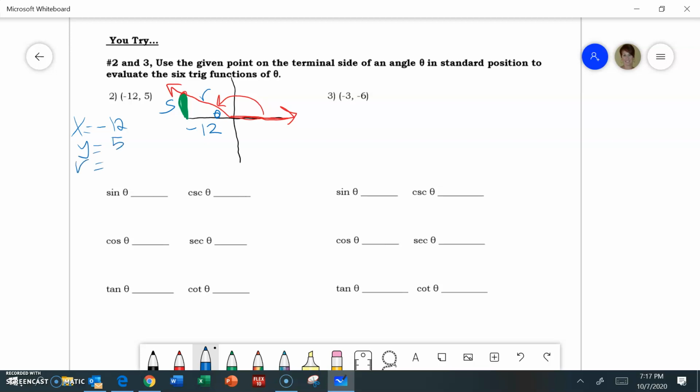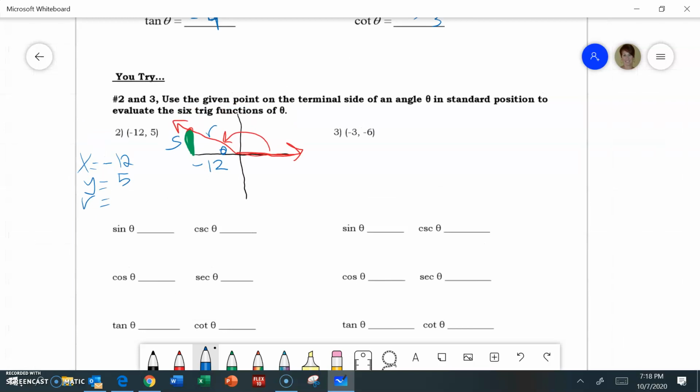Now, if you are not aware that this is another popular Pythag triple, that's okay. If you don't know it, then you are going to have to use that Pythag theorem, and you would do legs squared plus legs squared equals the radius, or the hypotenuse, squared. And I know you can probably handle a lot of that on your own. So when you do that officially, the radius would be 13.